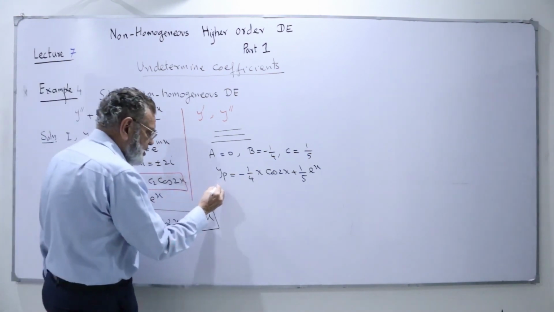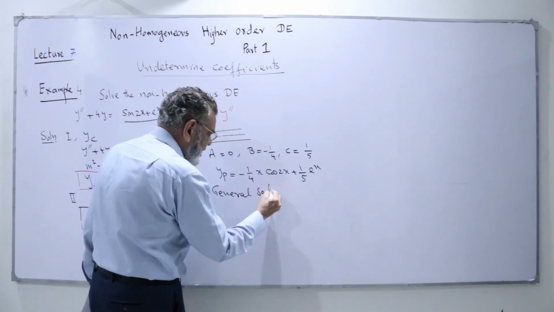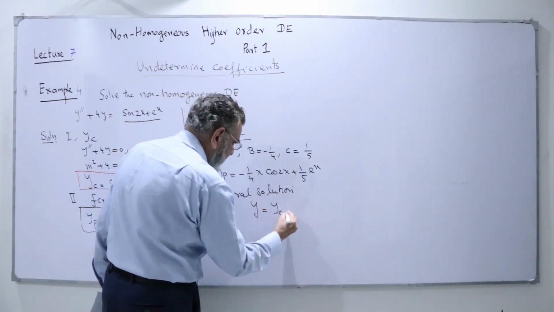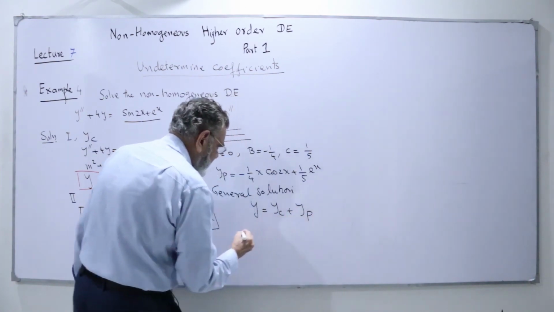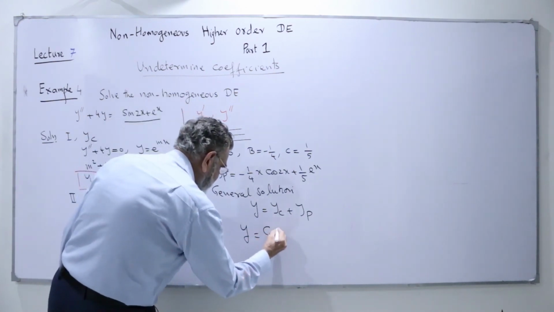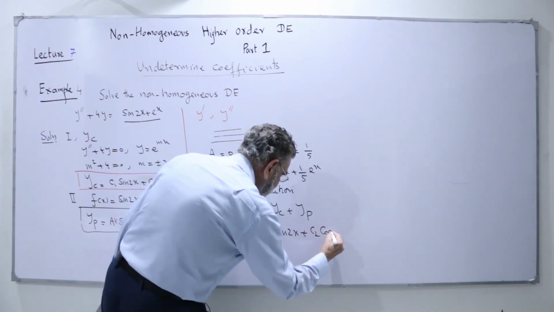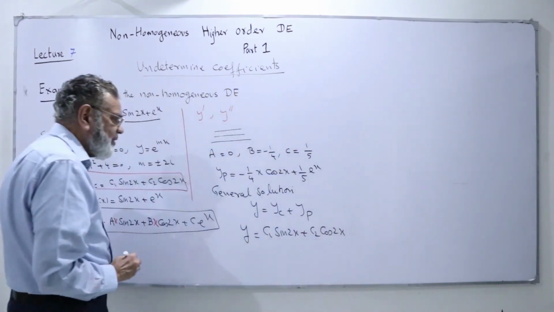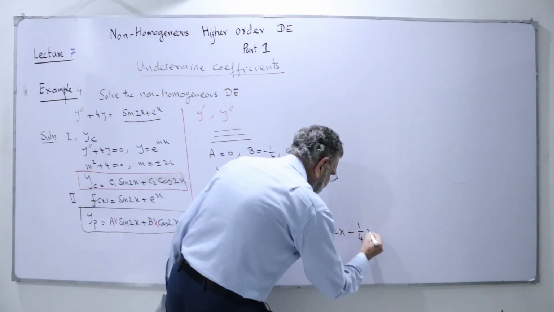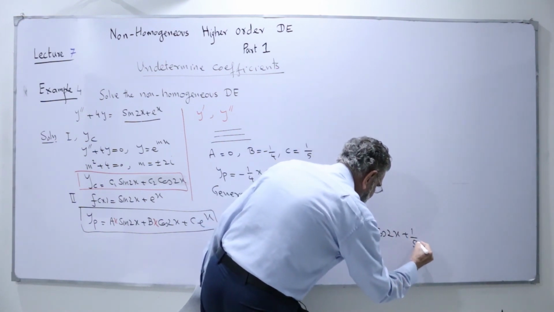So we can write our general solution. Our general solution in this case will be yc plus yp. Y is equal to yc plus yp. We have calculated it. So we get y is equal to c1 sine 2x plus c2 cosine 2x, and then yp is minus 1 by 4 x cosine 2x plus 1 by 5 e to power x.